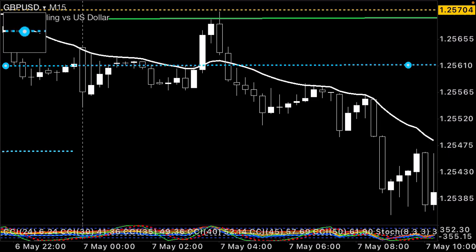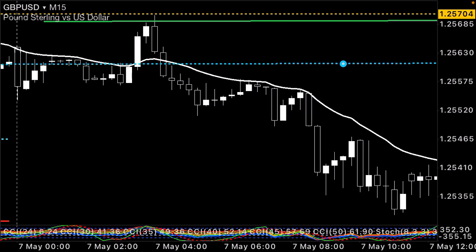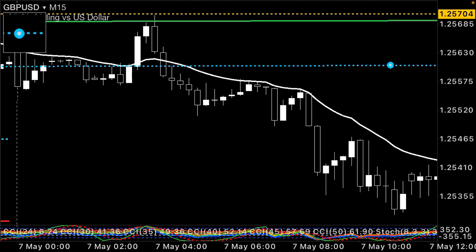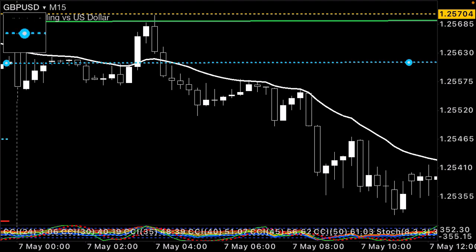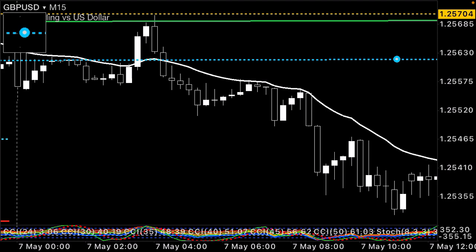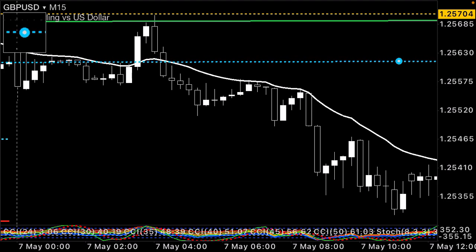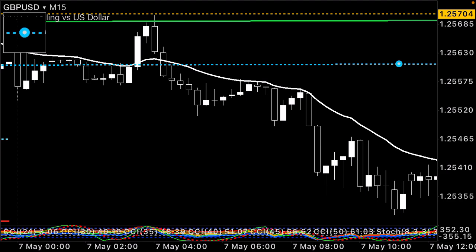I'll move this over so it goes right in line at the top, because this is a white bar, where price is going up. If it was a black bar, we'd move it down to the bottom.